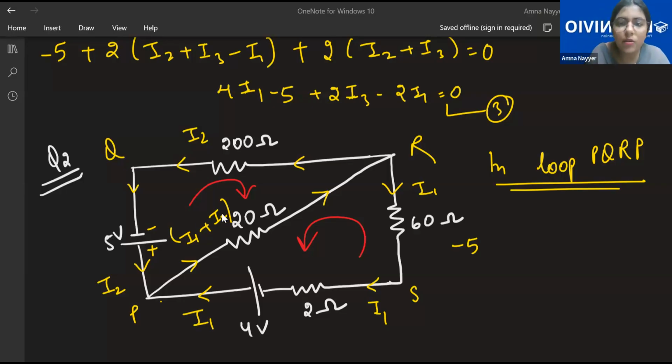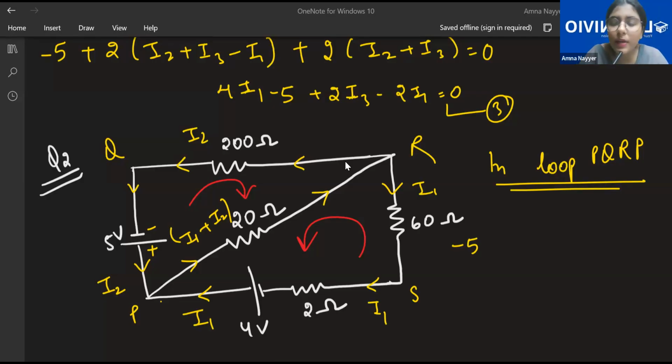Aisha, can you try this branch from Q to R? Will it be positive or negative? We are moving from Q to R. First tell me. Why negative? Which direction is the current going? It's going opposite.